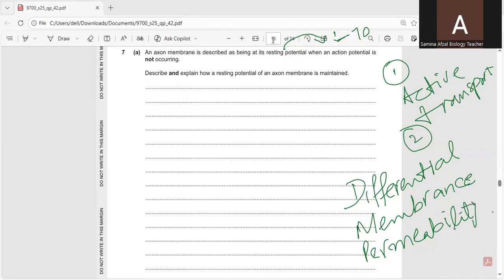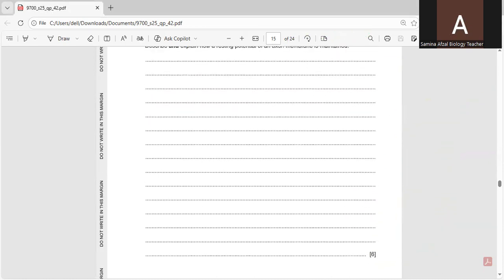Let's discuss both of these. To go into detail, I would like to start with what both of these processes are.